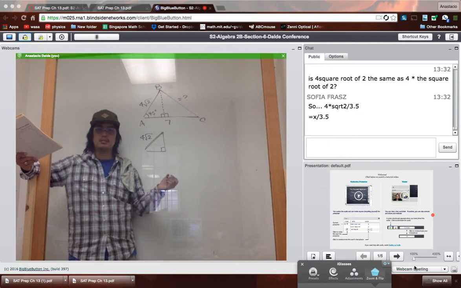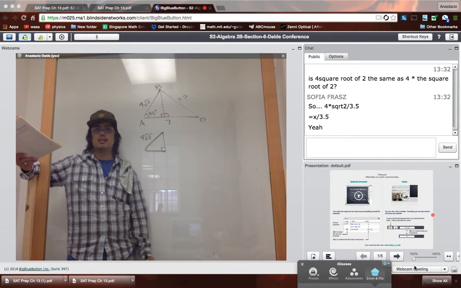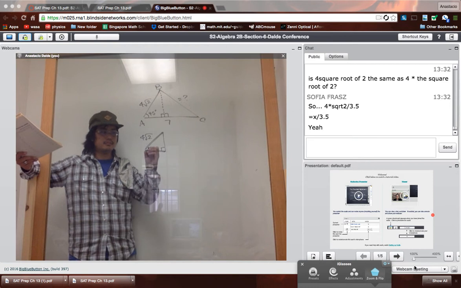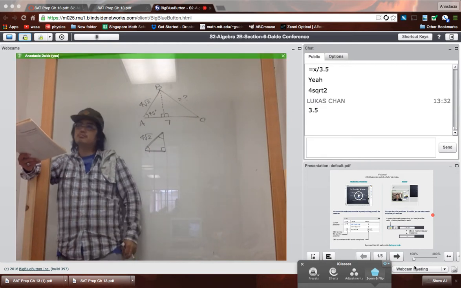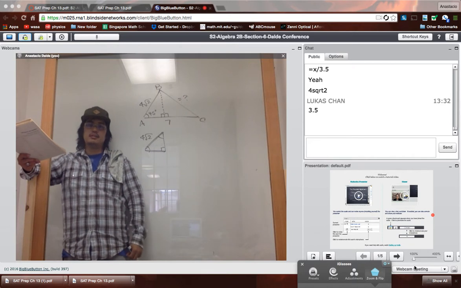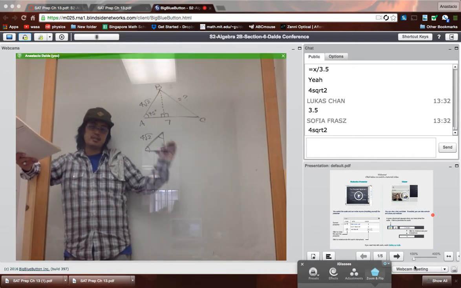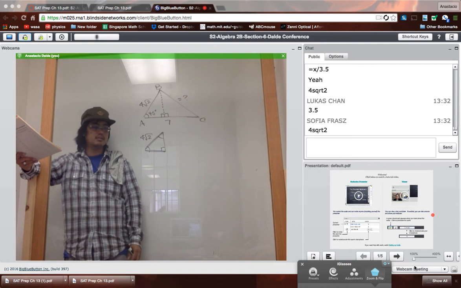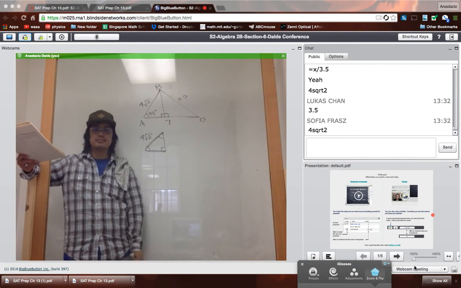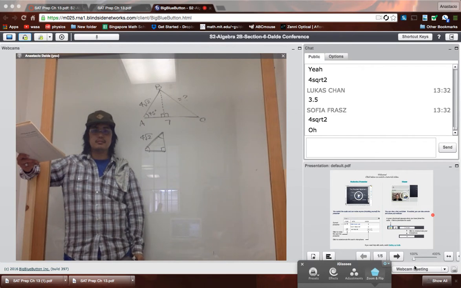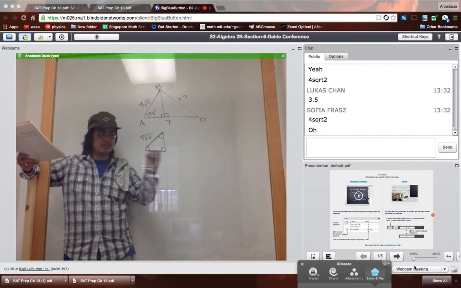Does that make sense? So what is this length down here? Three and a half? No. Look back on the equation that I gave you. No, the hypotenuse is 4 square root 2. I want this length right here.